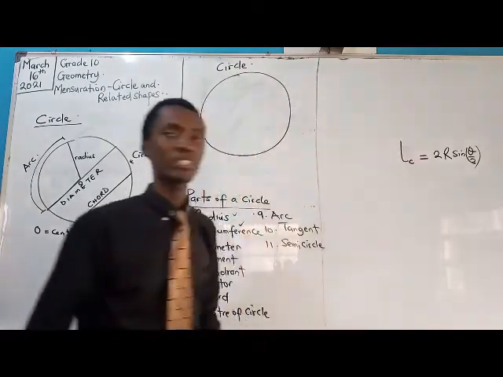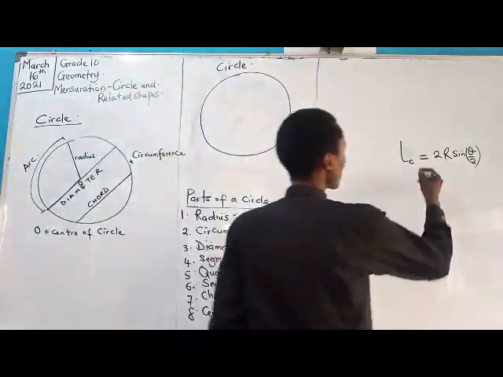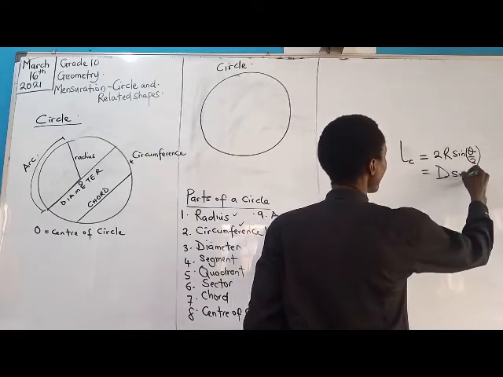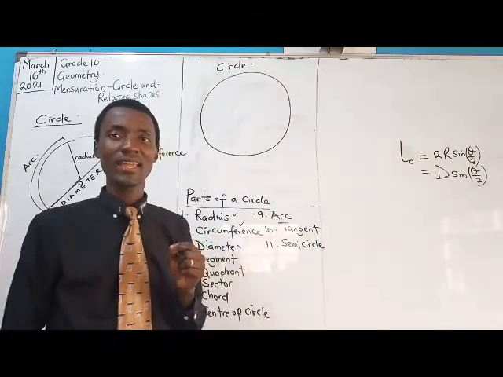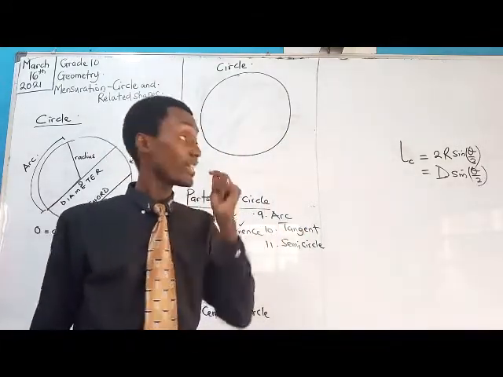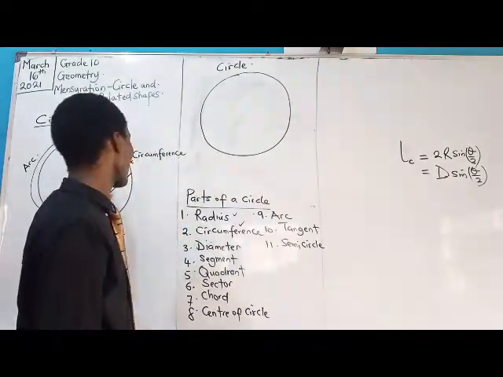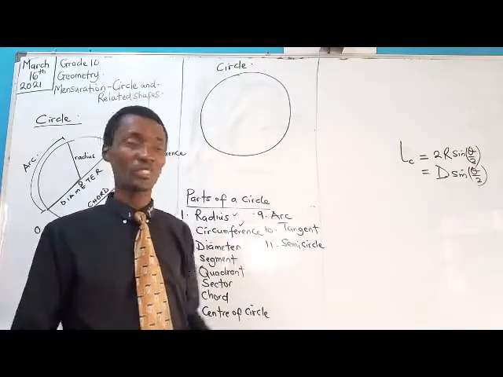Yes, the length of chord is equal to 2R sine theta over 2, which means that this will be equal to d sine theta over 2. So we say that a diameter is a special type of chord that passes through the center of the circle. These are just arguments. When we come into some problems, you appreciate what we have done.